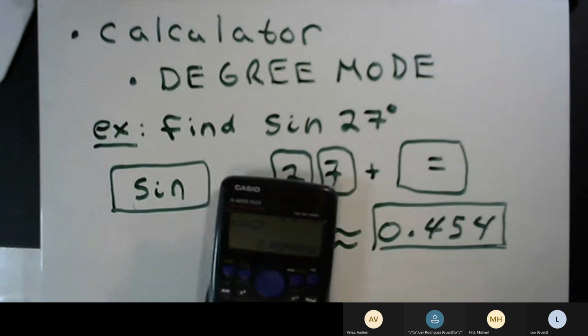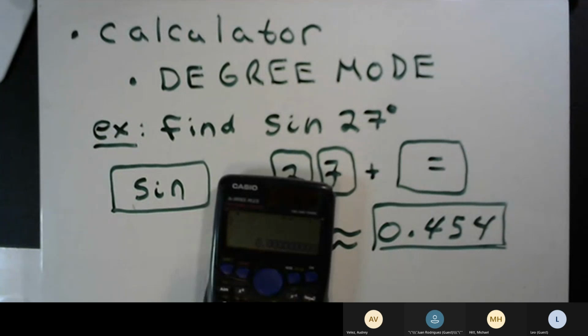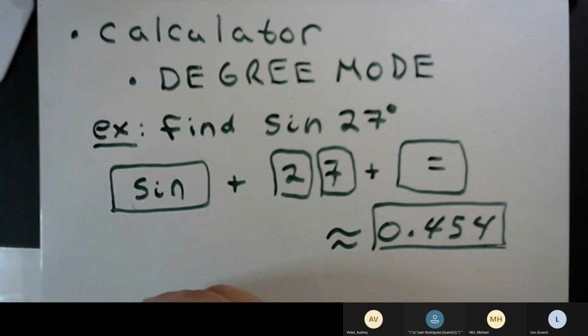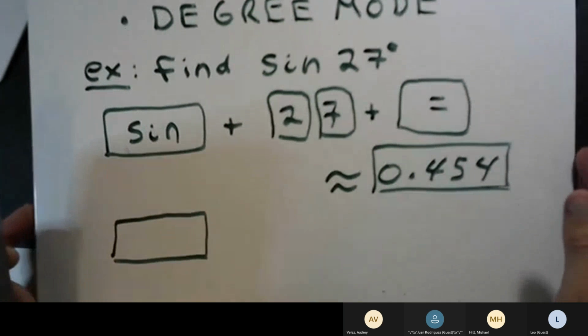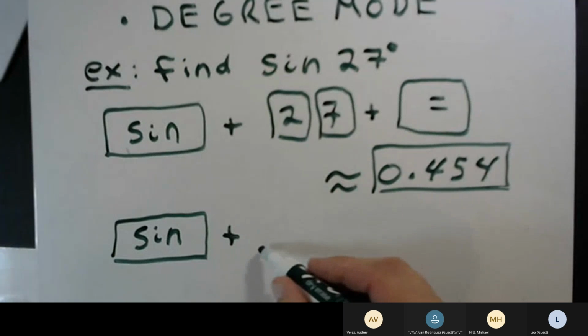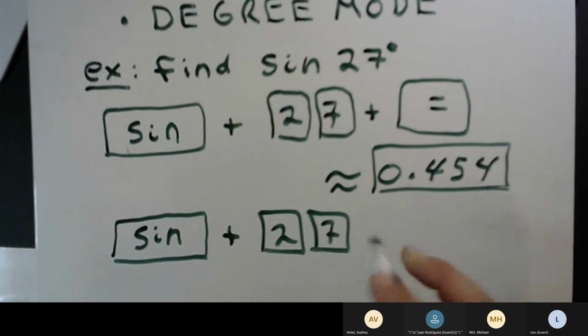Now check this out. Let's switch the mode. Go to setup, oddly enough, setup. My radians is number 4. So now I'm in radians. If I go sine, and then I type 27, I'm not pressing plus here.